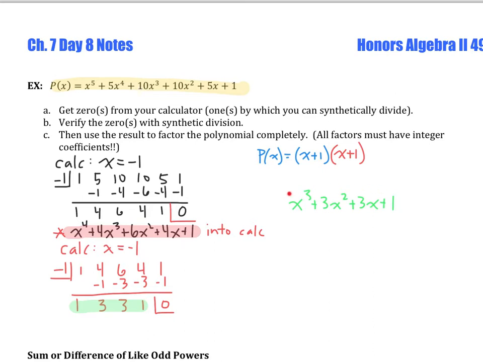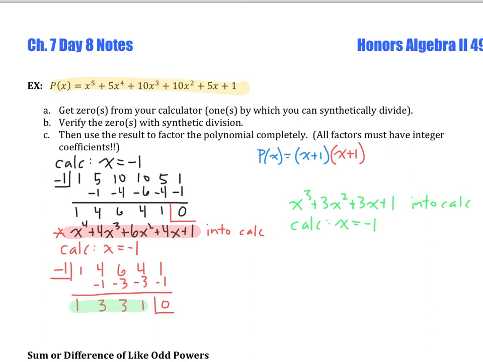So let's go ahead and plug this into your calculator and see if we can get another 0. And what you should find on your calculator is that x equals -1 is a 0 of this polynomial here.